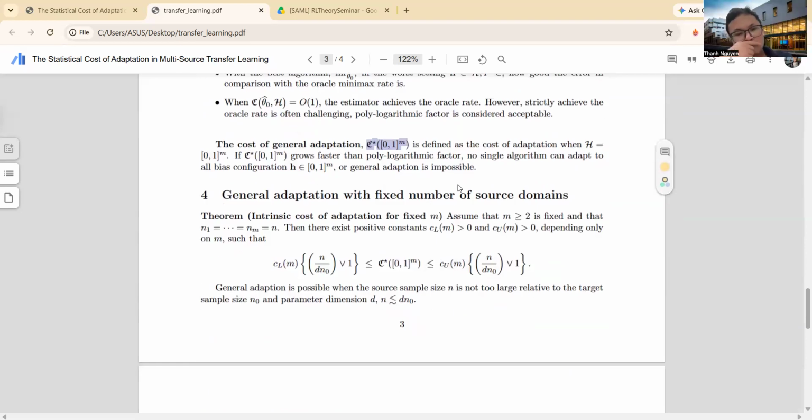And with that definition, the next result tells us when general adaptation is possible and when it's impossible with a fixed number of source domains.